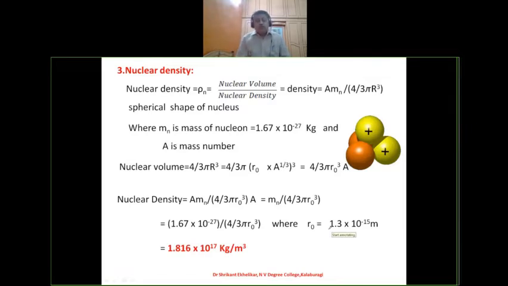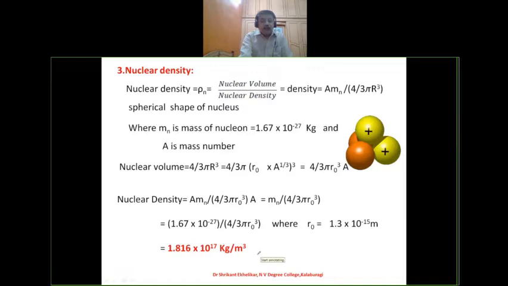The magnitude of nuclear density is Mn, 1.67 into 10 raised to minus 27, divided by 4 by 3 into pi r naught cube, and you end up with the simplified answer 1.816 into 10 raised to 17 kg per meter cube.